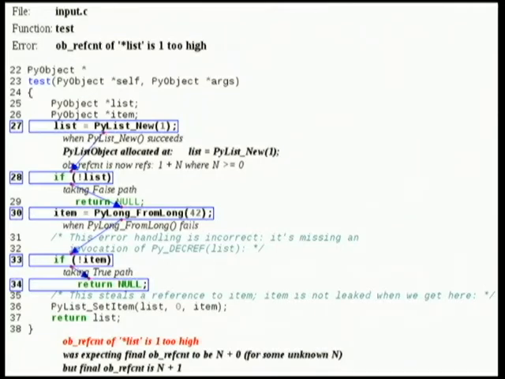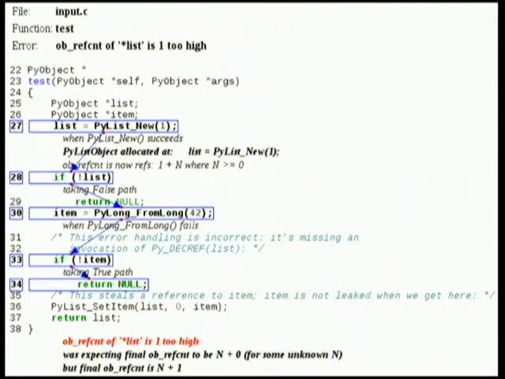And at the bottom it's saying, well, we have a problem here. The refcount of list is 1 too high. Because at the end of this function, it's gone out of scope, there aren't any pointers left in memory referring to this list object. It ought to have a refcount field of 0, or at least 0 that we know about. There's that n for anything else in the whole of the rest of the program that we're not simulating.